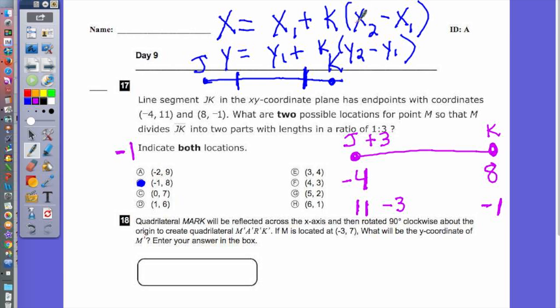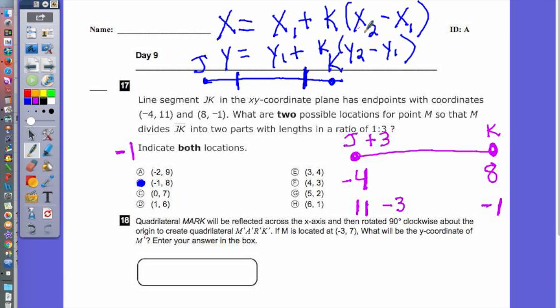The partition formula is saying, what's the distance you have to go? Hold on a second. The partition formula is actually saying, what's the total distance you have to go? That's why you're subtracting. You're going to multiply that by the ratio, how far you need to go. So we did 12, right?